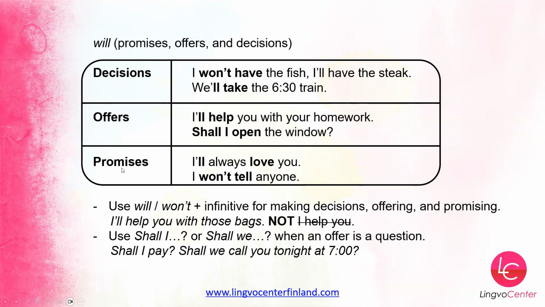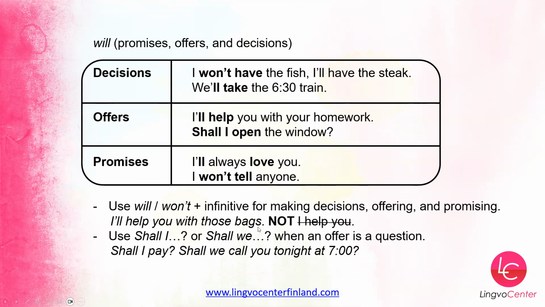And then promises: I'll always love you, or I won't tell anyone. These are the three things where we use will again. So use will or won't plus infinitive for making decisions, offering, and promising.